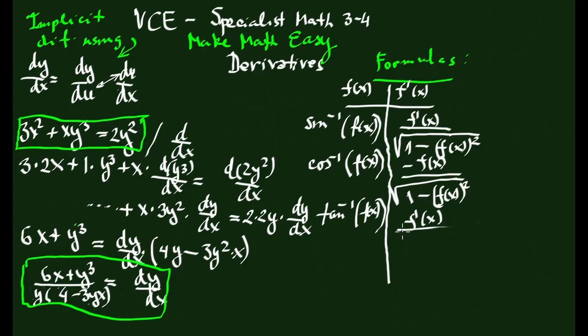Instead of a, we're going to put 1 like we did before, and instead of x squared we put our function.